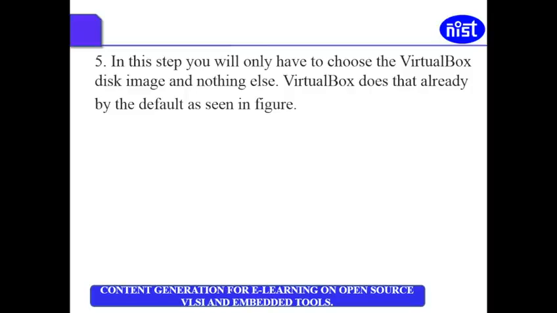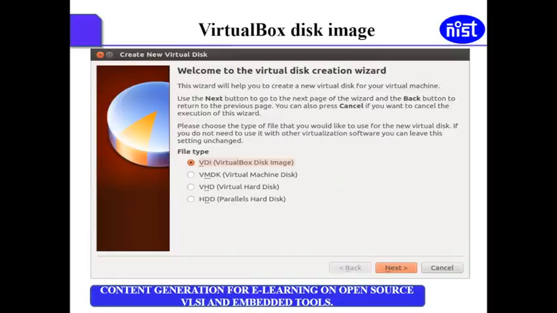VirtualBox does that already by default, as seen in the figure. In the type of file type you need to have, you always select VirtualBox disk image, then you move to the next.